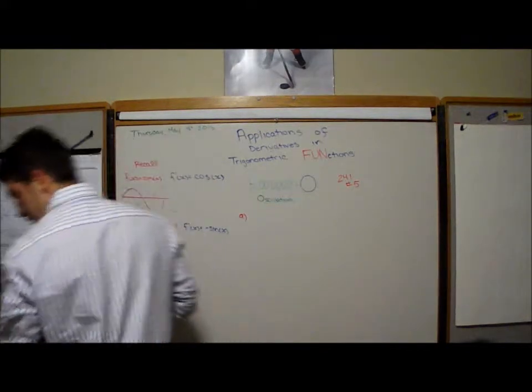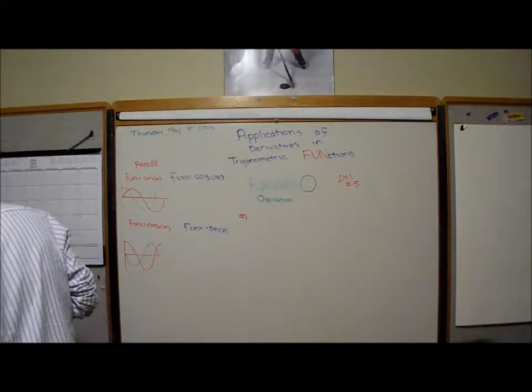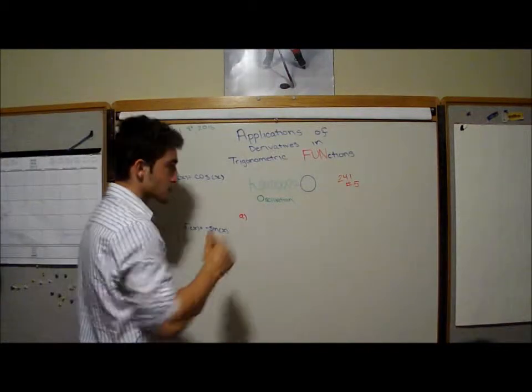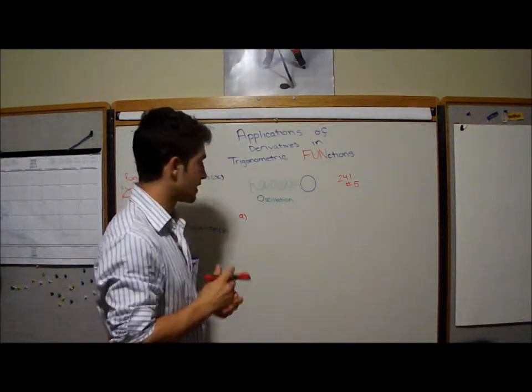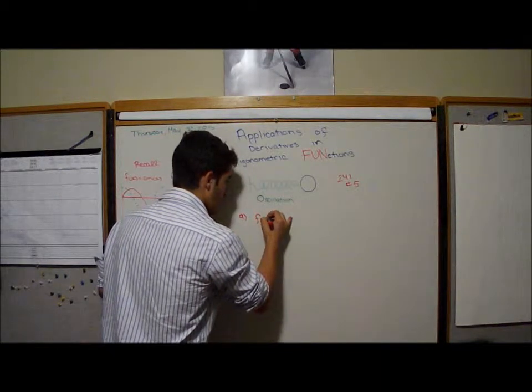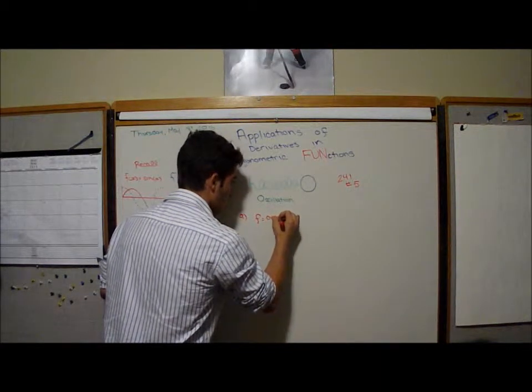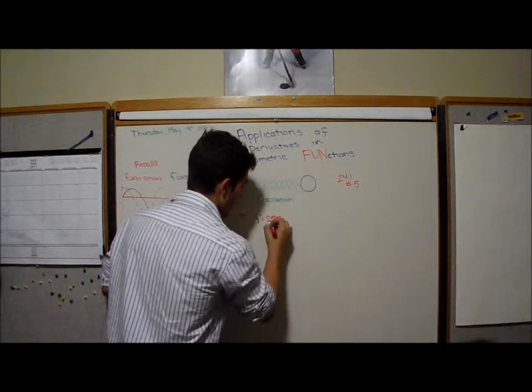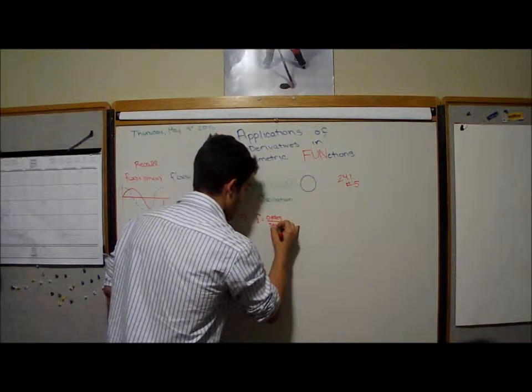A says, what is the frequency of the oscillating spring? Well, frequency is just the number of cycles or revolutions or oscillations per second.